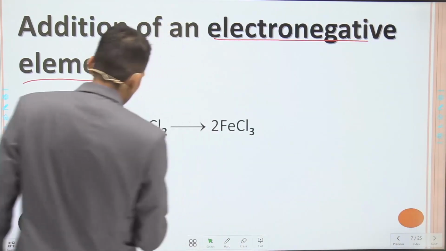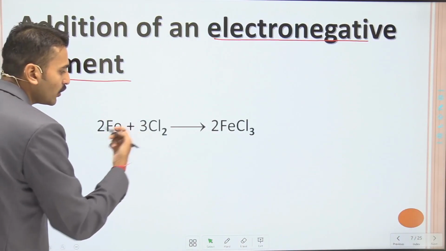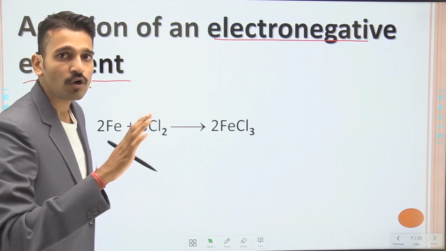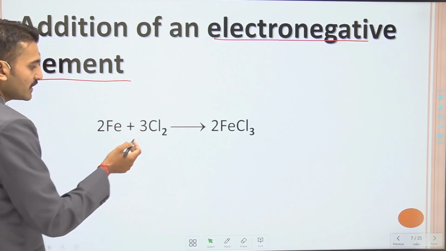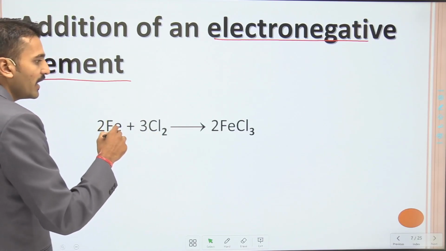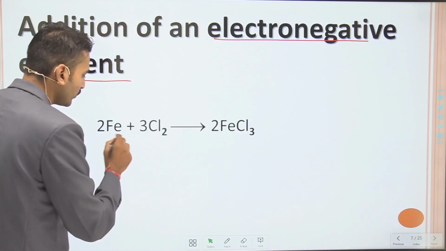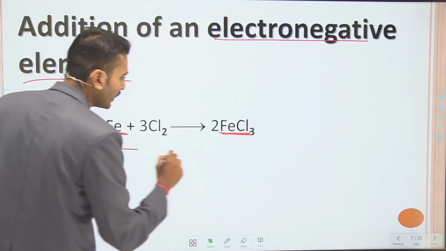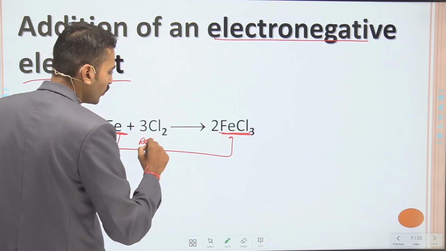Just like this, here you see iron and chlorine are reacting with each other. Here you see that there is no oxygen present. When they react with each other, the chlorine reacts with the iron to form ferric chloride. So here you see only iron, and here you see ferric chloride. So what happens in this case? There is an addition of chlorine.